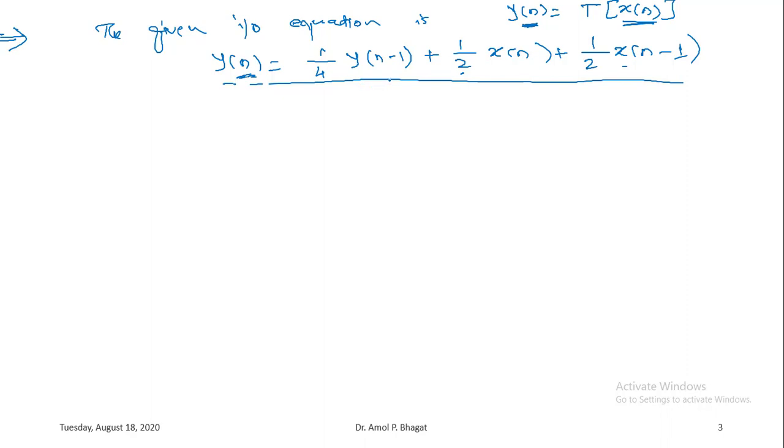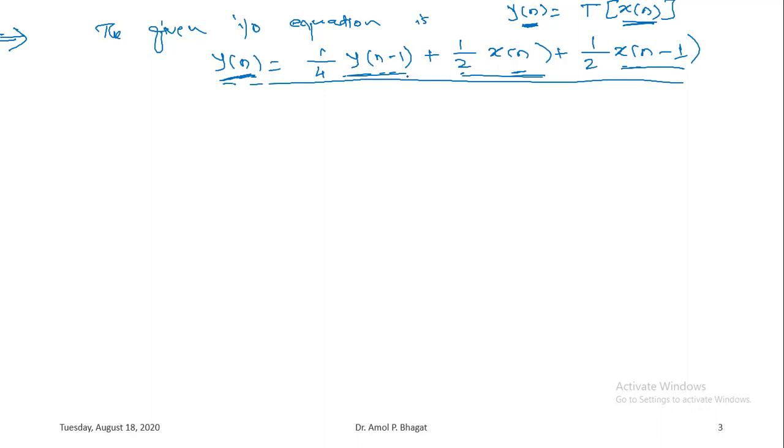So if you observe this input output relationship, the output y of n comprises three terms. The last two terms are the input terms, while the first term is nothing but the output.